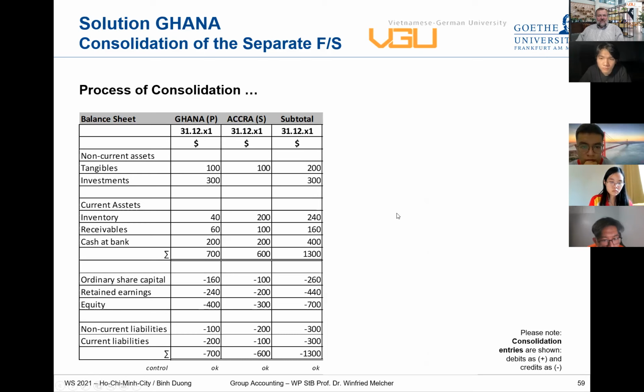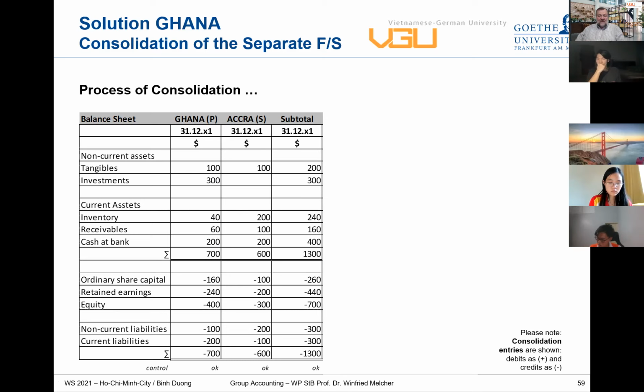What else is looking wrong? Well, when you look at the equity, just by buying something, will you be richer than before? No, you have just changed the investment. So you have changed cash for investment, right?